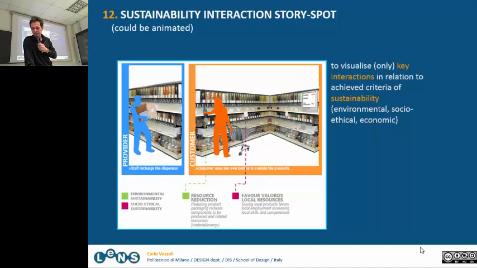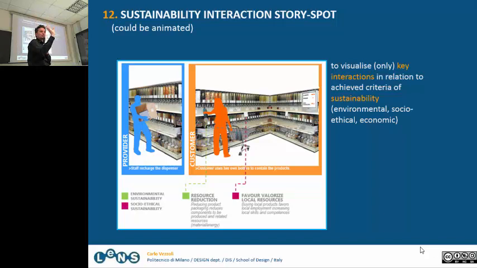The sustainability interaction story spot. This is used to highlight which are the sustainability benefits. Okay, so how do we do it? Since the sustainability benefits are not, as in a product, linked to the fact that I'm using a material or a two-way snap fit to enable disassembly that makes recycling easy, or whatever, but is in relation to a specific interaction that makes the company interested in designing something.